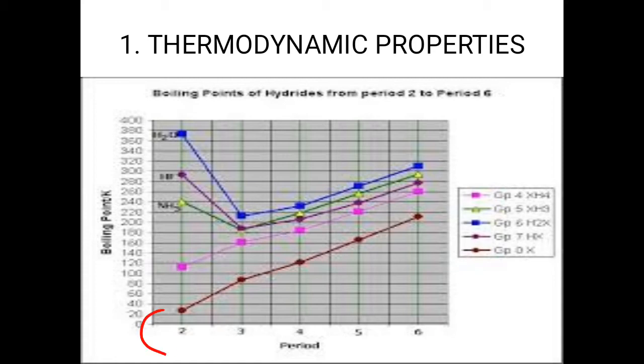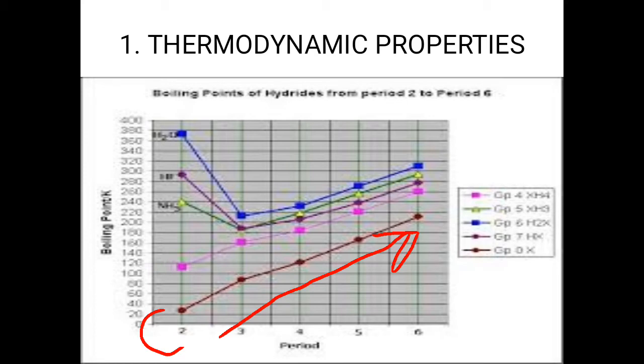It begins with carbon. Carbon's hydride is methane. As we go down the group, there is a gradual increase in boiling point. This is the same for period numbers 2 and 3.